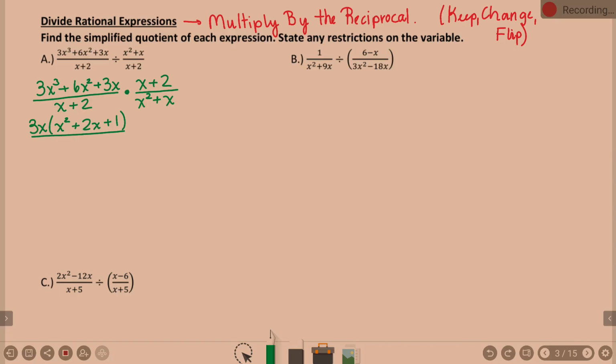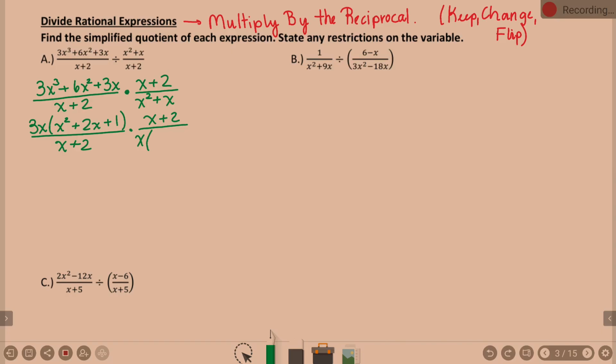What about this x plus 2? X plus 2 is just x plus 2. Second fraction, x plus 2 is x plus 2. What about x squared plus x? Is there GCF? They both have an x in common, yes. So let's factor out GCF of x.